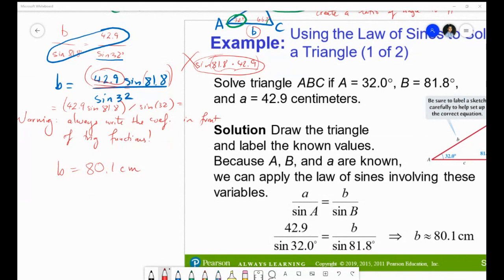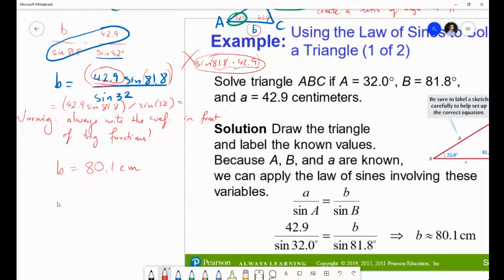And then we're going to do the same thing for C. So go ahead and set up C and solve for C as well. Raise your hand when you're done and type the answer in chat. Professor, what are we solving for after B?